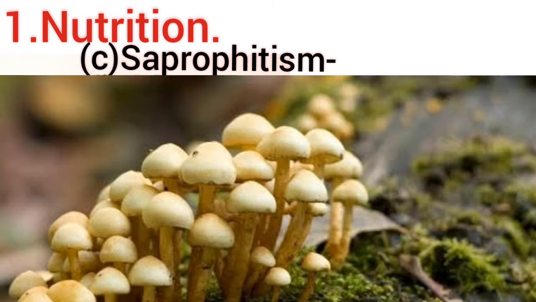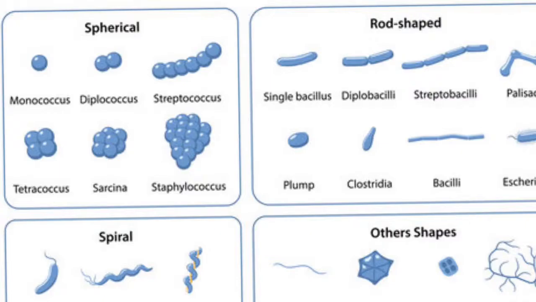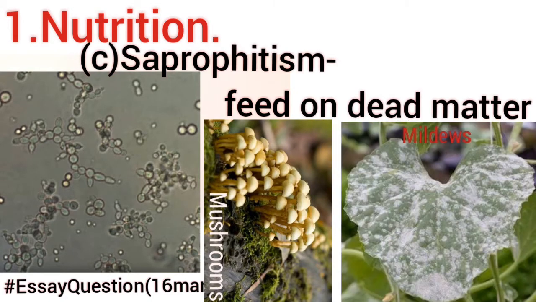And the majority of these organisms are bacteria and fungi. Examples of bacteria, if I may mention a few, are rhizobium that is found in the roots of legumes, bacilli, and cocci bacteria. And examples of fungi are mushrooms, yeast, and mildews, among others.